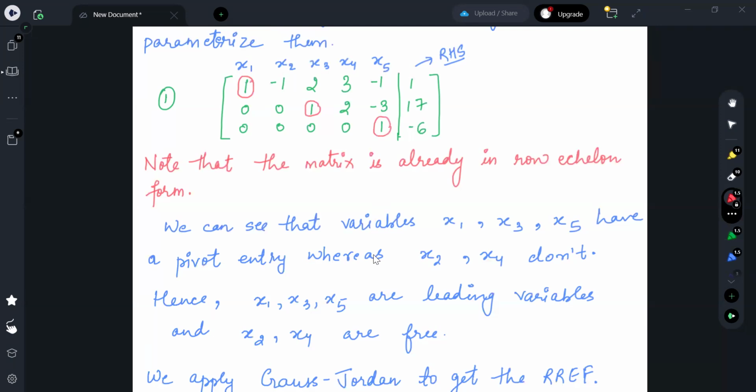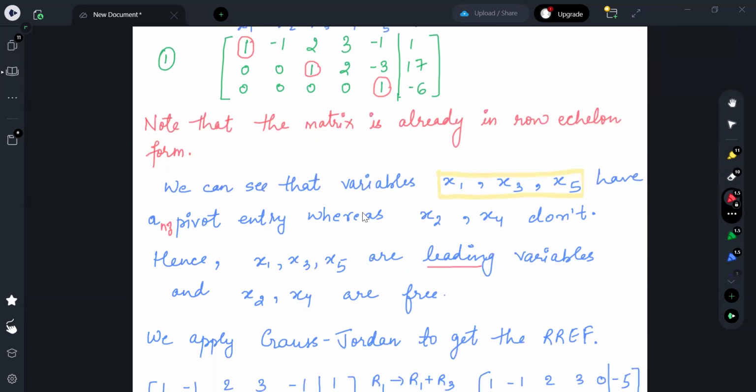And I've explained this here also. We can see that the variables x1, x3, and x5 have a non-zero pivot entry, whereas x2 and x4 don't. Hence, using the definition from the beginning of this video, x1, x3, x5 are leading variables, and x2 and x4 are free.